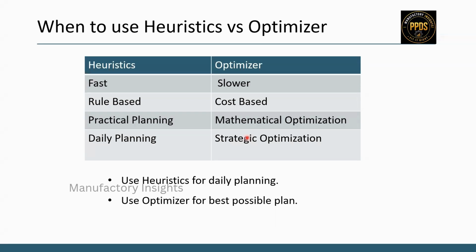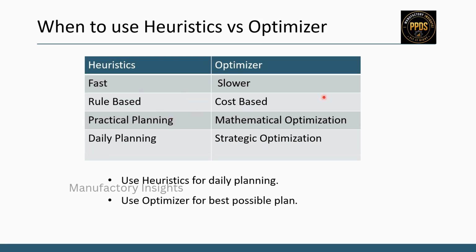Many planners ask whether they should use heuristics or the optimizer. The answer depends on the planning objectives. Heuristics are fast, practical, and ideal for day-to-day planning. They follow predefined planning rules and generate feasible planning proposals quickly.